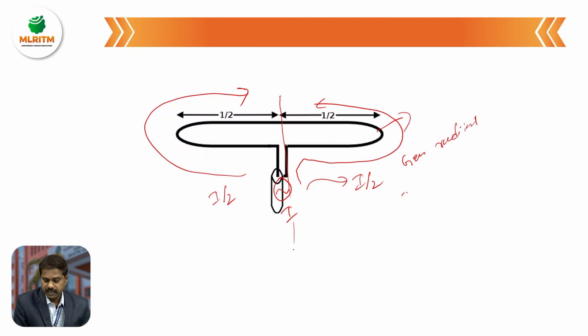That means it has a self impedance, Z11, and for the second conductor the self impedance is Z22. When current flows like this, it starts generating radiation. This radiation affects the second conductor, and the second conductor's radiation affects the other conductor.